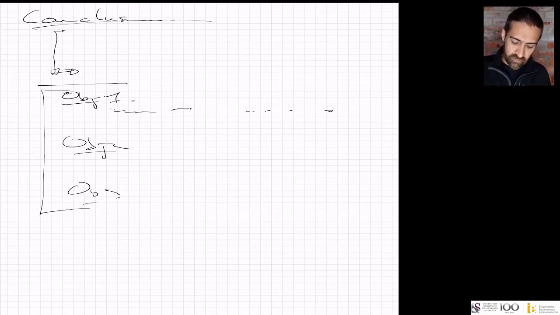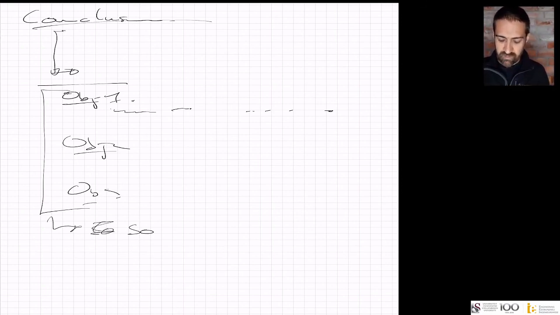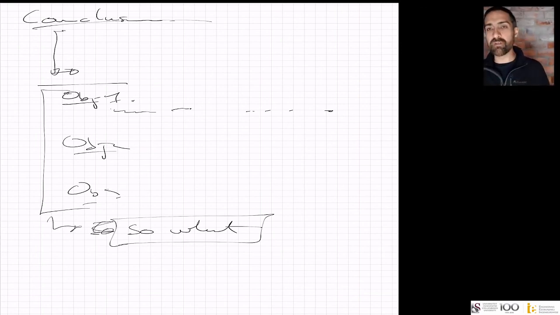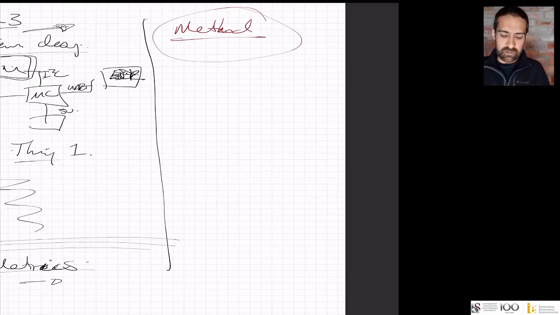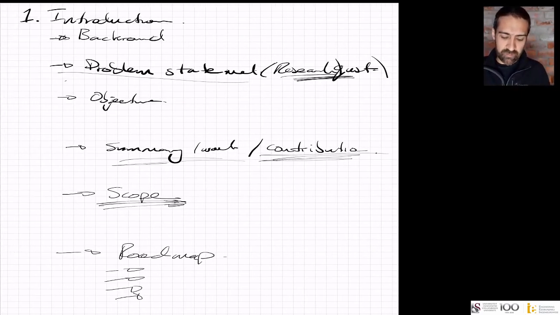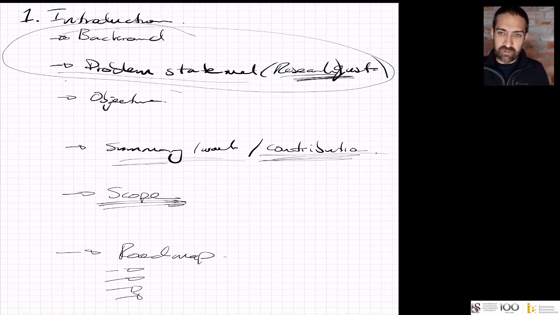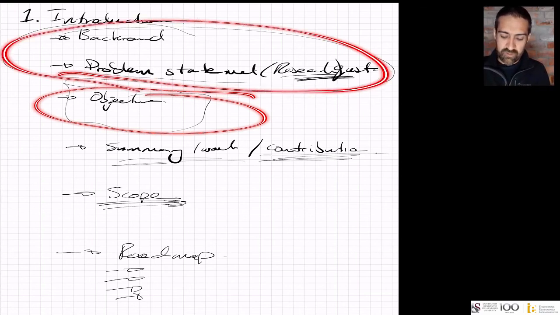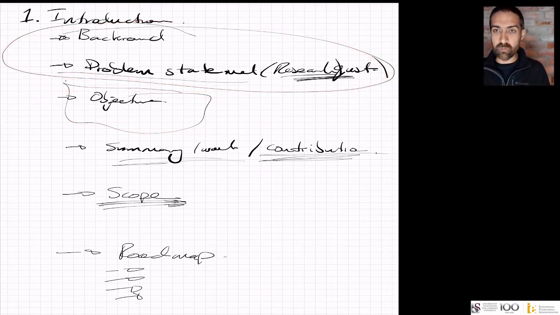Then after you've met all the objectives, you have a conclusion as in, so what? So what do you take from this? Now that you've met all the objectives, what can you say? And this section mirrors directly back to chapter 1's background and problem statement. What are you going to tell your granny if she asks you, what did you do?